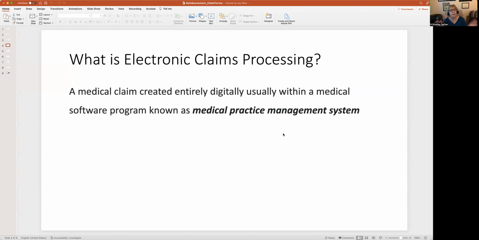However, all of the private health insurers are also on board with this because it saves them a tremendous amount of money. So again, you are going to electronically create this claim form using what is known as a medical practice management system.